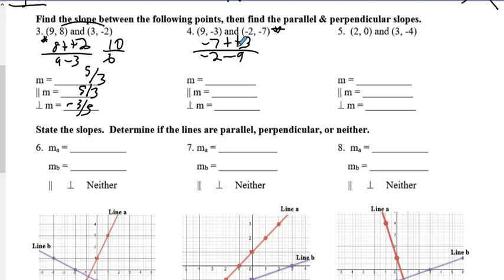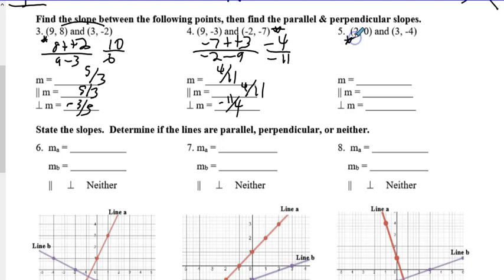That's going to become plus. Negative 7 plus 3 is negative 4. Negative 2 minus 9 is negative 11. A negative divided by a negative is positive, 4 over 11. Parallel is going to be exactly the same. And then the perpendicular is going to be negative 11 over 4.